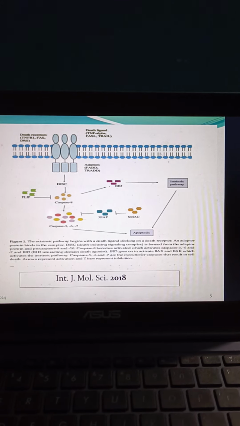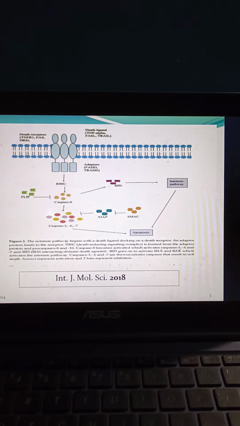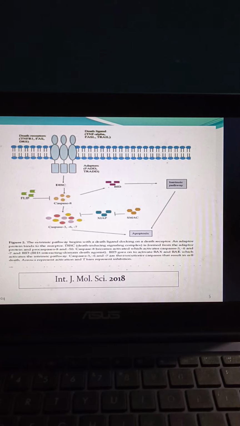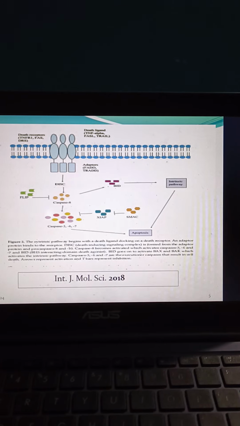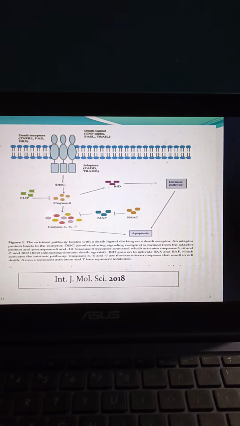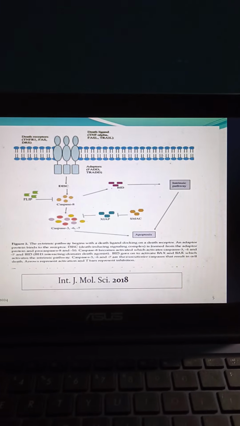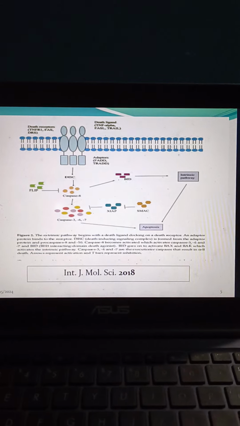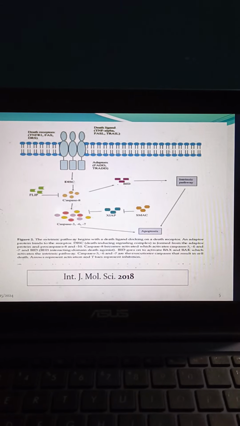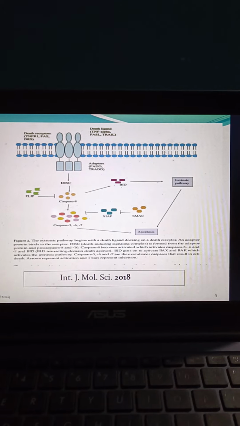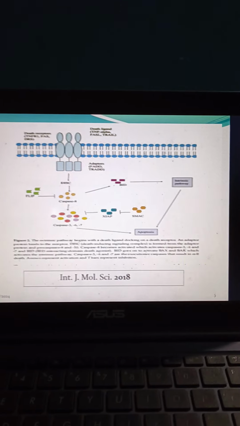Caspase 8 activates BID and the intrinsic pathway continues, and SMAC inhibits XIAP. XIAP will inhibit caspases 3, 6, 7 and FLIP will inhibit caspase 8. So this is a diagram showing the extrinsic pathway and also the intrinsic pathway of apoptosis.